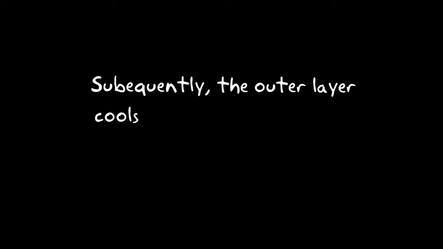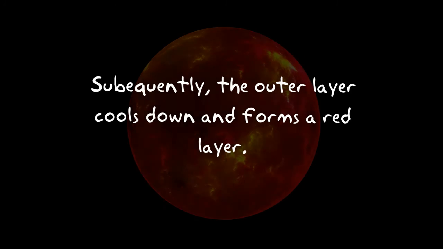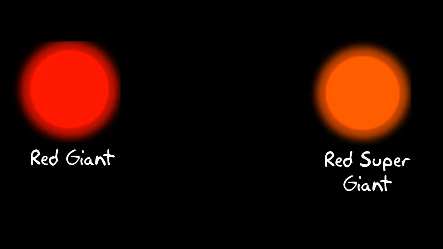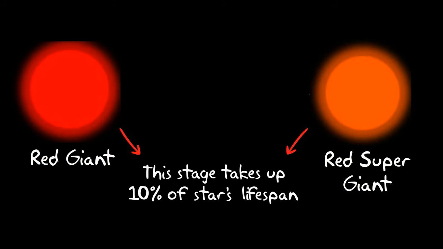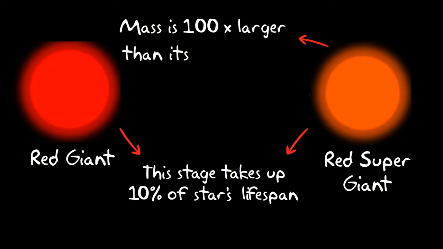Subsequently, the outer layer cools down and forms the red layer. This is the red giant or supergiant stage, which takes up 10% of a star's lifespan. One surprising fact is that the mass of the red supergiant increases so much that it may be 100 times larger than its original size.